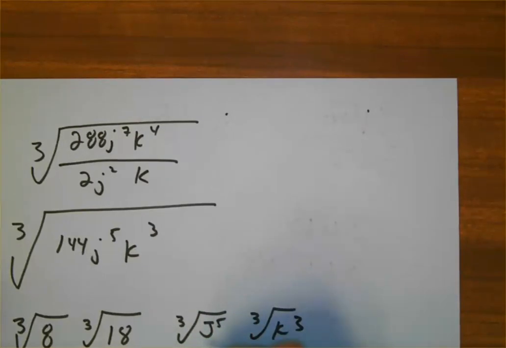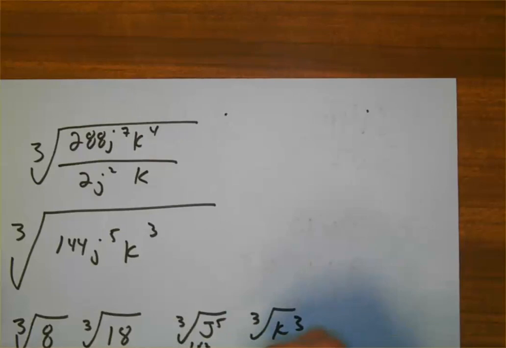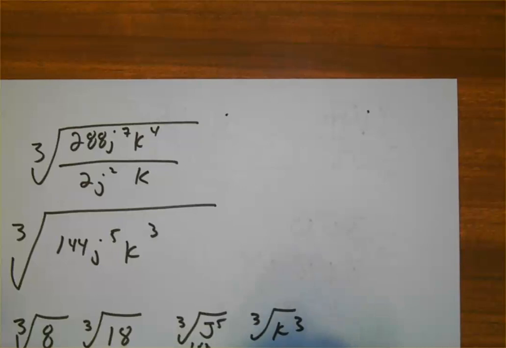It goes one time with the remainder 2, so that's a j, not an x. And what's left over is 2 of them, so inside the radical cube root of j squared, and then 3 goes into 3 one time, so that's just going to be a k.